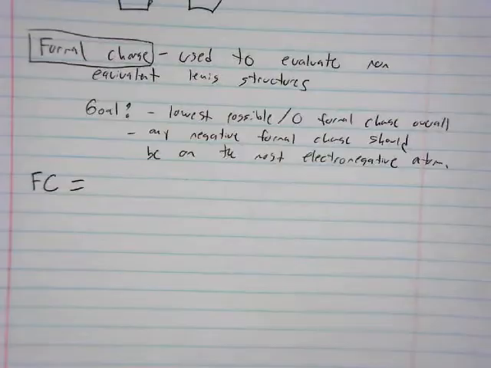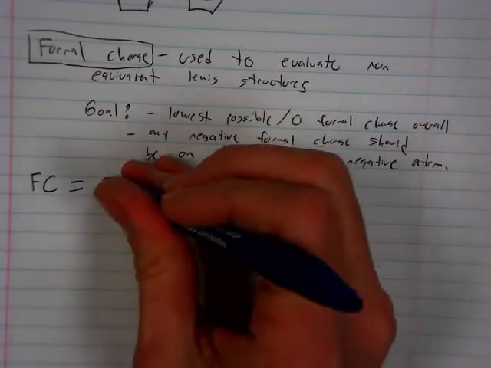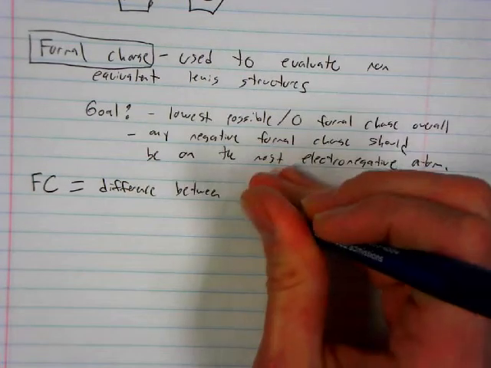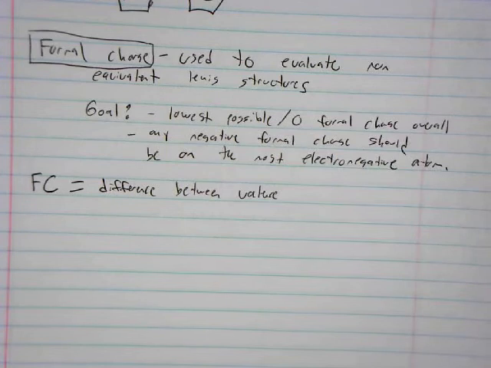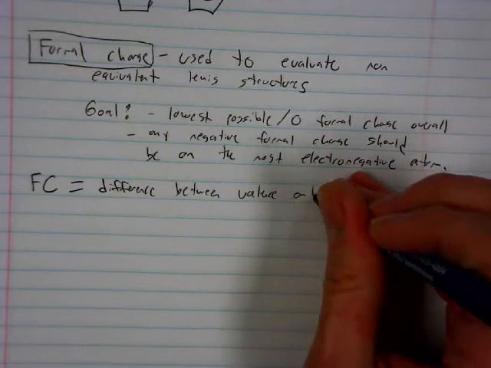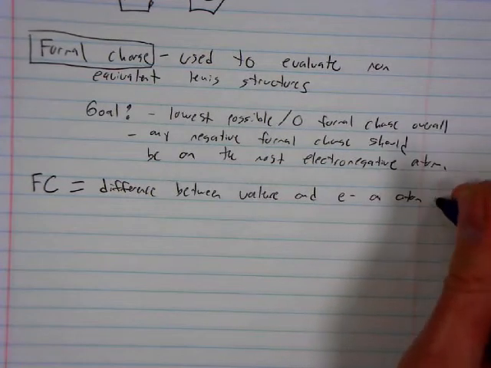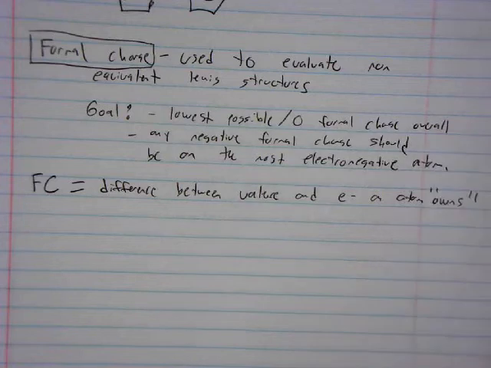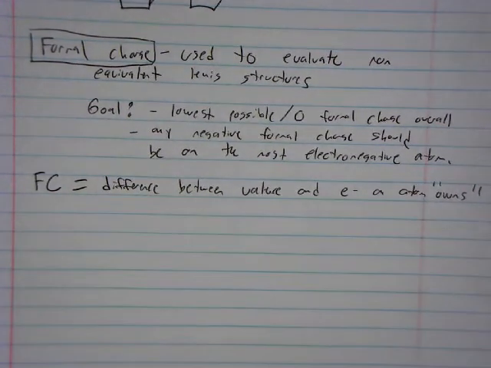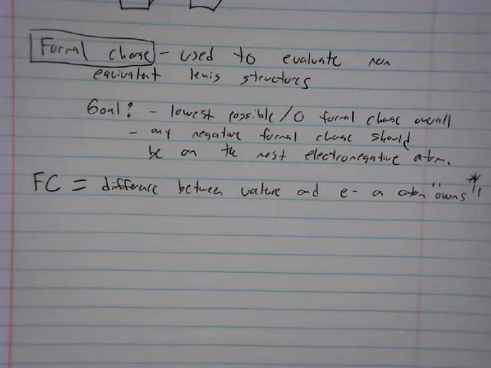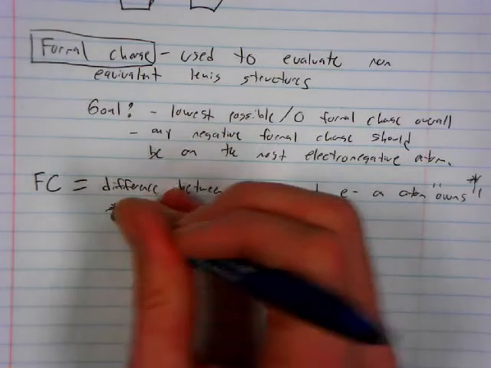So formal charge is equal to the difference between valence electrons and the electrons in atom owns. So put an asterisk by owns. We know what an asterisk means now after yesterday, right? I'm just going to put it right here though.